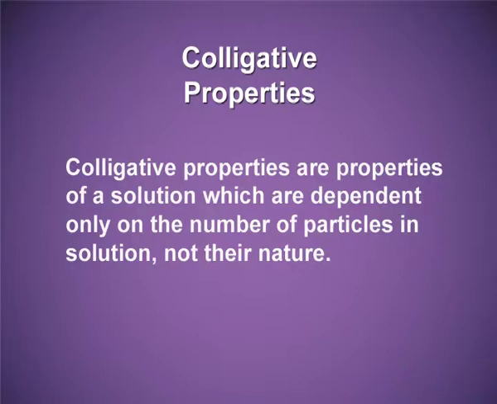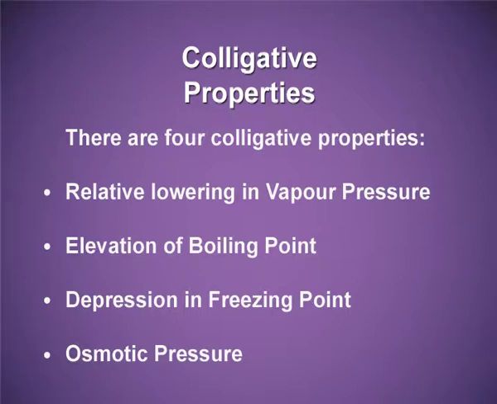Colligative properties of a solution are dependent only on the number of the particles in solution, not on their nature. The four colligative properties are the relative lowering in vapor pressure, elevation of boiling point, depression in freezing point, and osmotic pressure. We will discuss one by one.